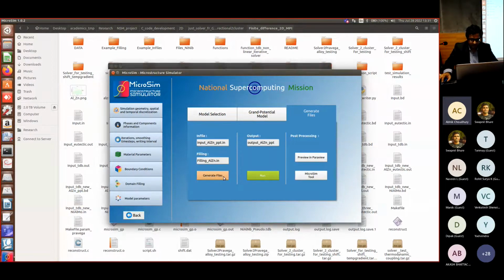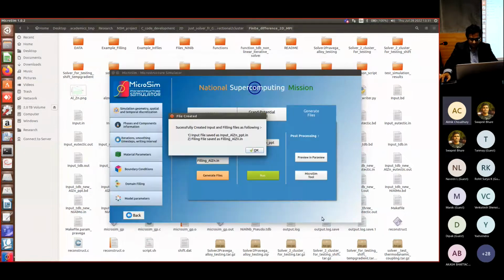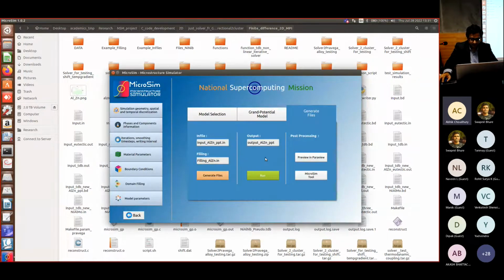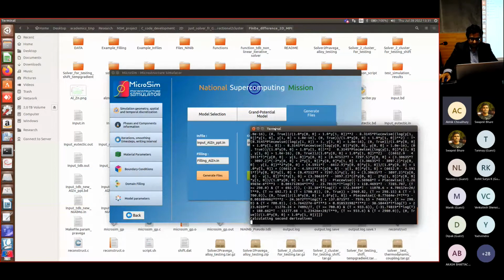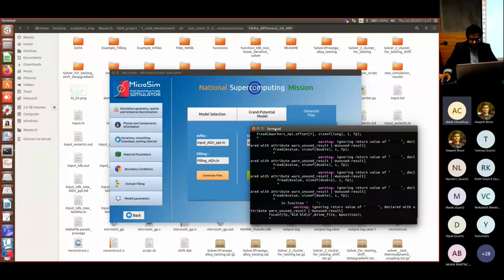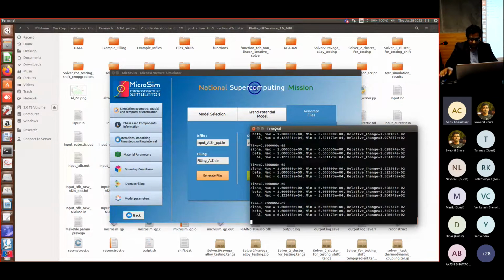Okay, so I will generate files. Again, same strategy. I will create a folder, precipitation aluminum zinc, create and open. And I'll run. So you start to see running.